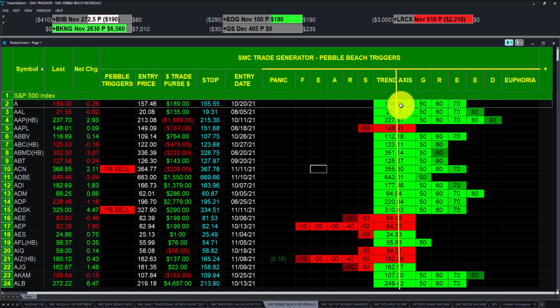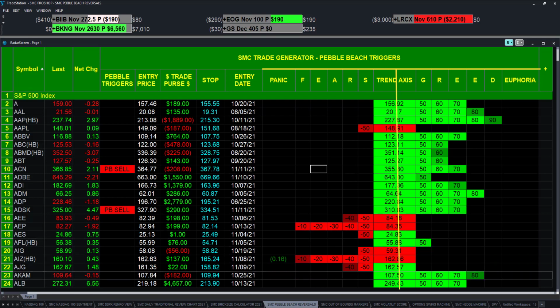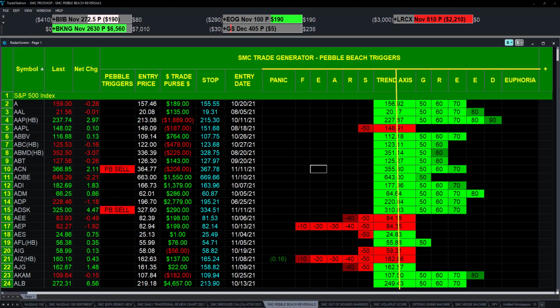Well, if you know some simple things about options, you can begin to diversify your trading techniques. We talk about diversification in terms of trading different techniques. So we're trying to illustrate some very basic option work in using this particular tool.